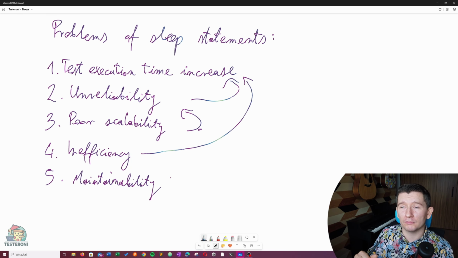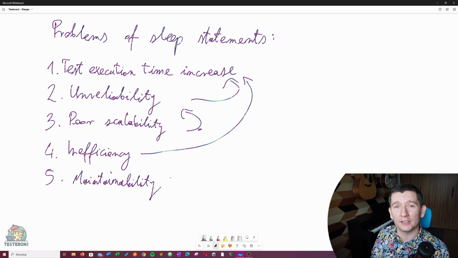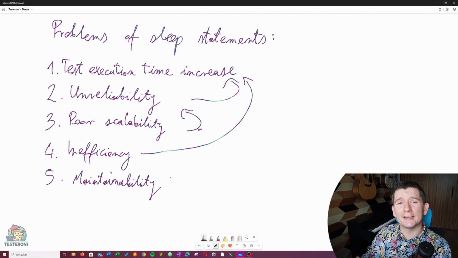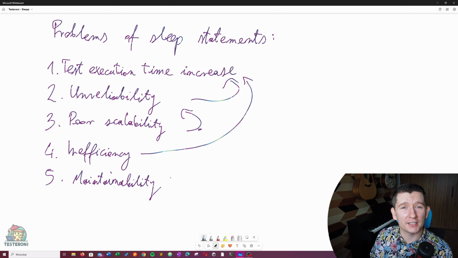So if there's some new functionality added, there's some change in the UI, there's something in your infrastructure that causes things to load in different durations suddenly or in different order, all of these things may cause the tests which are based upon sleep statements to suddenly start failing.